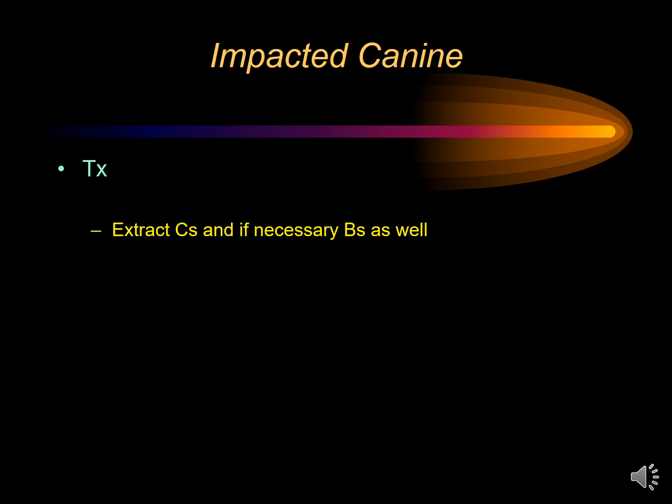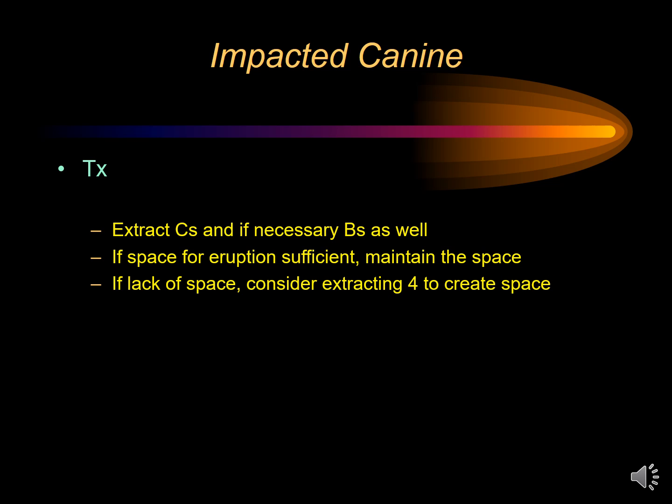Okay, what is the treatment for the impacted canine? We can extract the C's and, if necessary, the B's as well. And if space is sufficient for eruption, then we need to maintain the space. If there is a lack of space, then we may have to consider extraction of the first permanent premolar to create space for eruption.